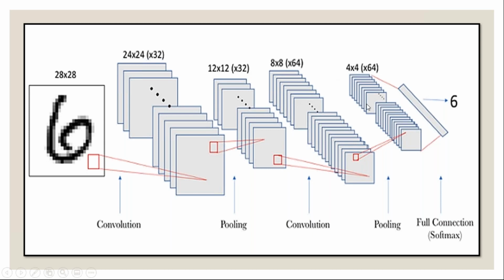Now see, totally how many neurons for the fully connected network? Anyone please say. Finally, how many neurons for a fully connected network? Please answer. Okay, I'll answer. 4 into 4 into 64 is 1024 neurons. Finally, this is your feature map.